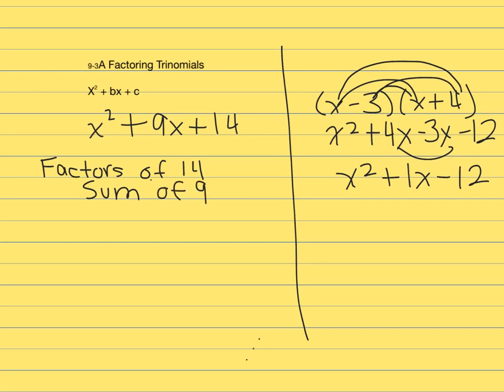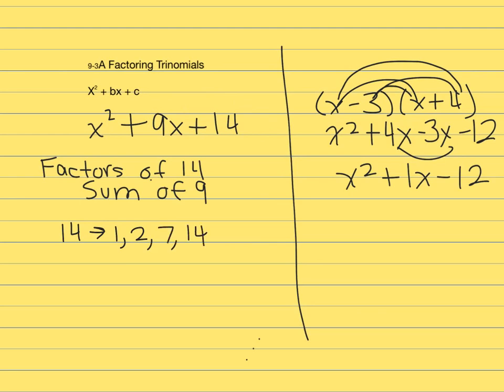So where did I get this from? Let's take a look. The numbers that we're looking for have to be factors of 14 that add up to 9. So you can start off just by listing the factors of 14, and you say, okay, well, factors of 14 are 1, 2, 7, and 14.